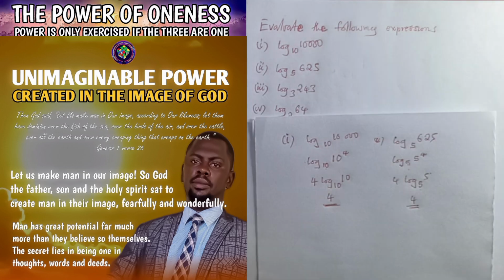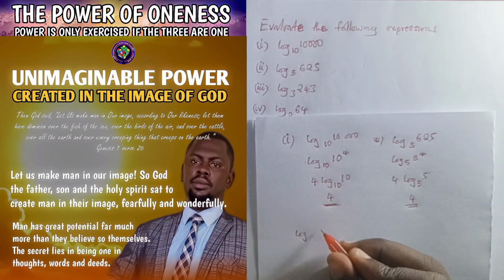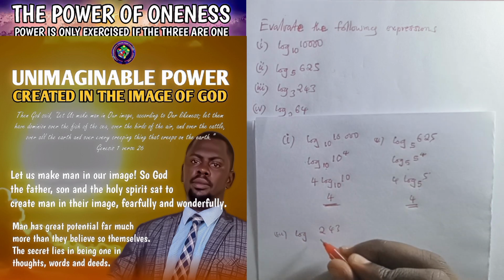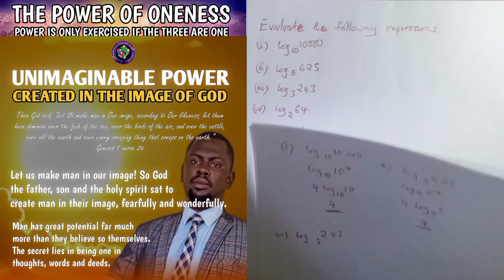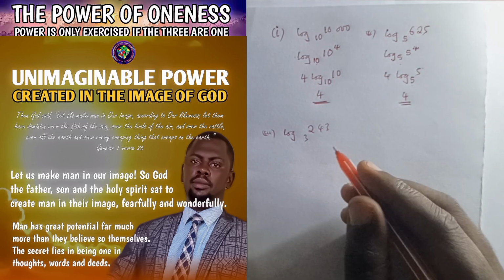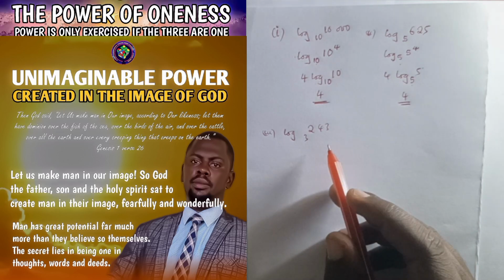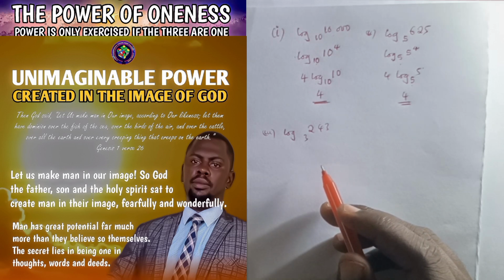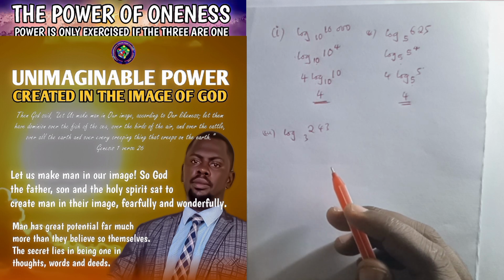The third one, we have log of 243 base 3. Again, the idea is the same. We need to express 243 as 3 raised to some power. How many times can we multiply 3 to get 243?